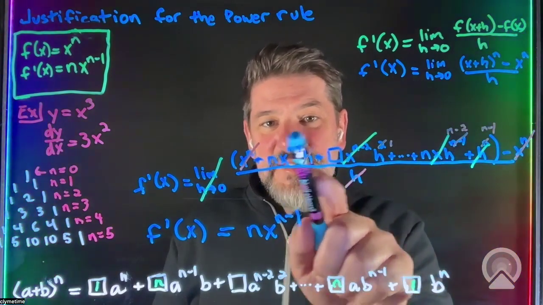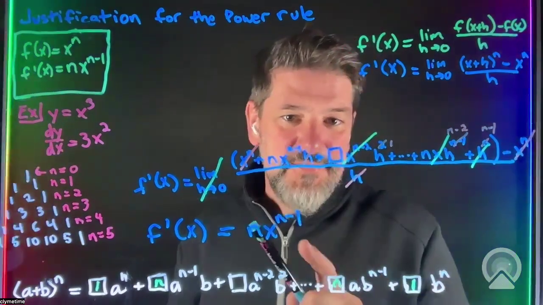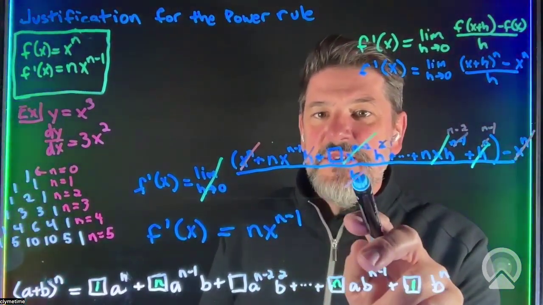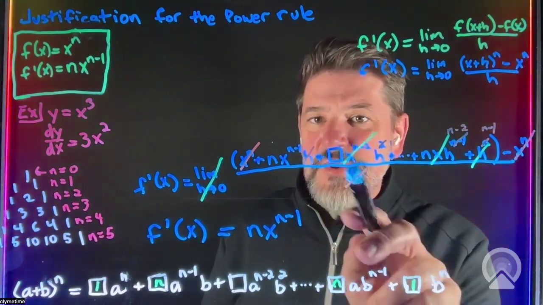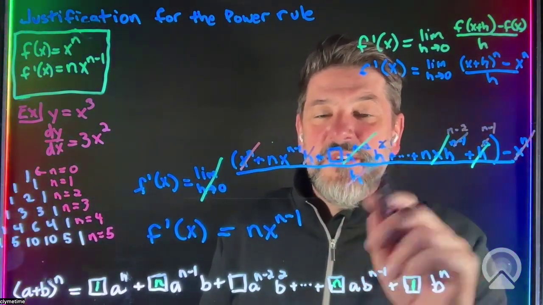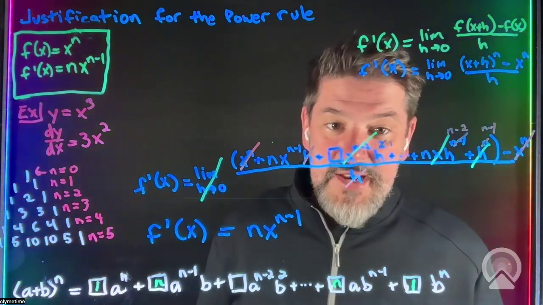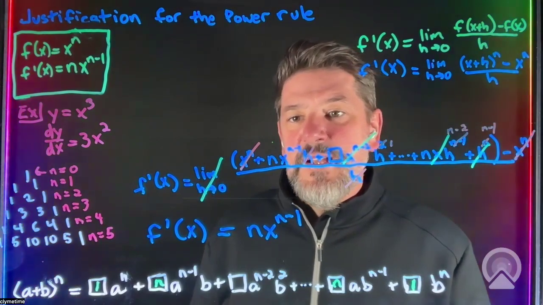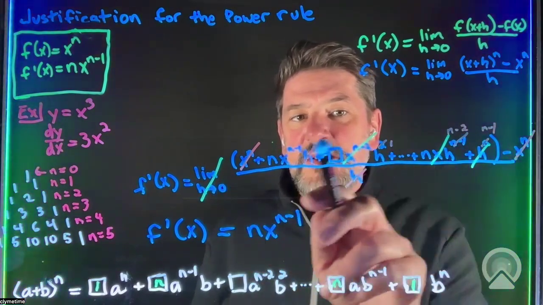The second term has exactly one h in it, and so that one cancels the denominator. Every other term after that has at least two h's in it. And so once we plug in 0 for h, all the other terms go away.